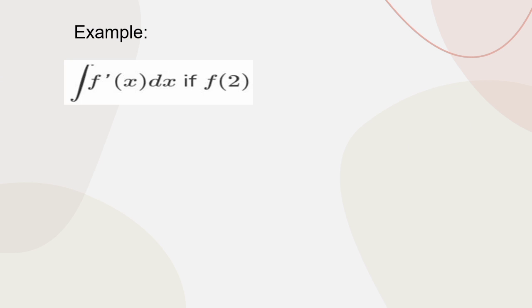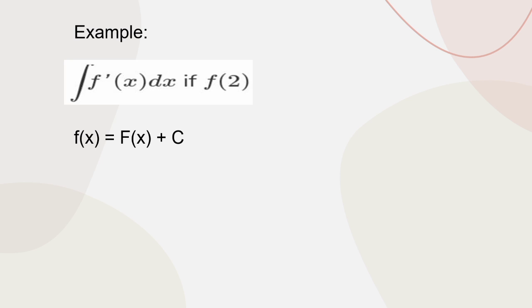So, the integral f(x) dx if f(2) is given. Using the variable naming, let's say that F(x) is the antiderivative of f(x). Then, by the net change theorem, we'll have f(x) equals F(x) plus c.